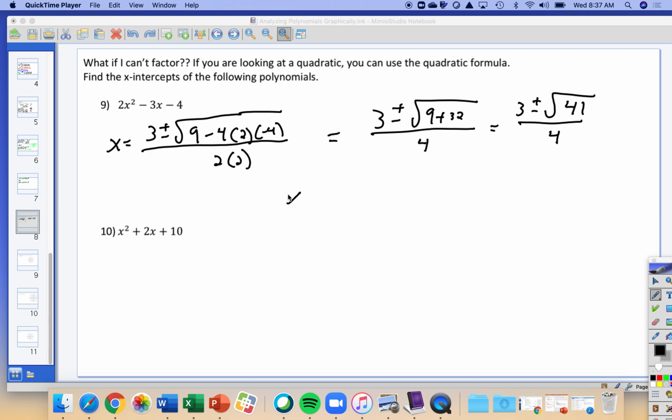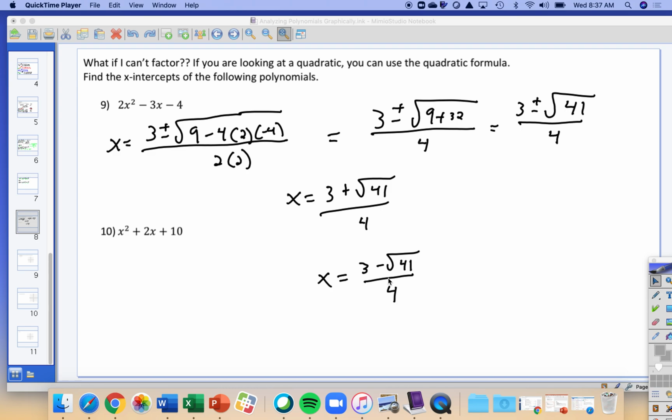I have x equals 3 plus square root of 41 over 4, and x equals 3 minus the square root of 41 over 4.